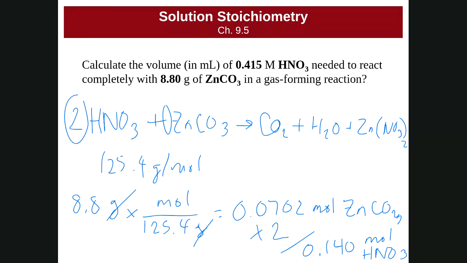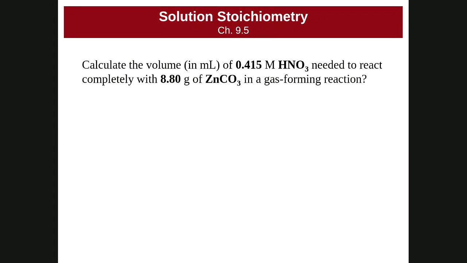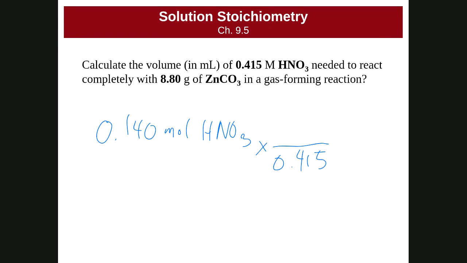All right, so now we have moles of nitric acid and a concentration. So we have 0.140 moles of nitric acid. I'm going to divide by our molarity so that I can cancel out moles and have liters on top.